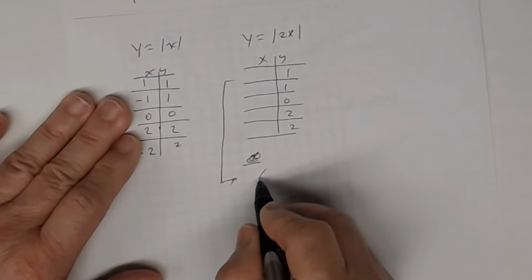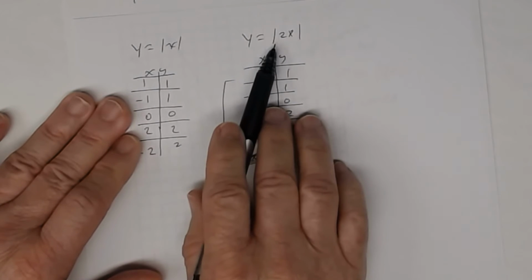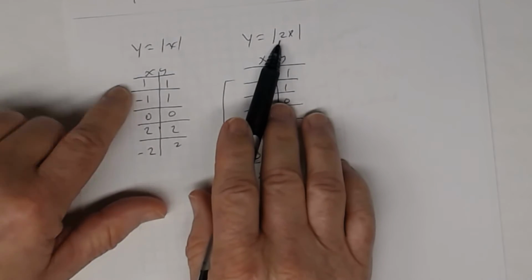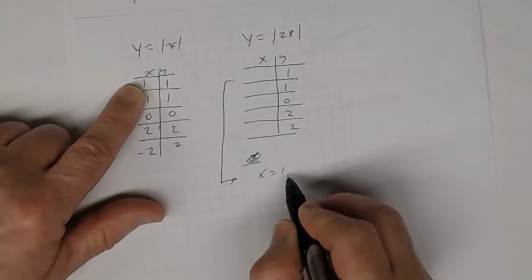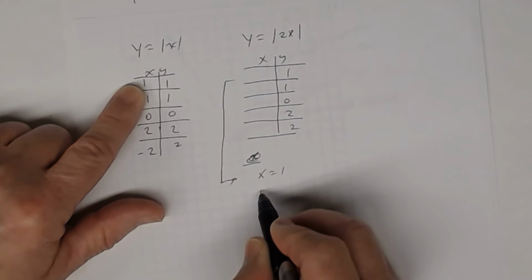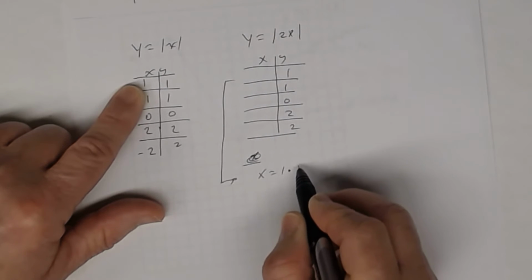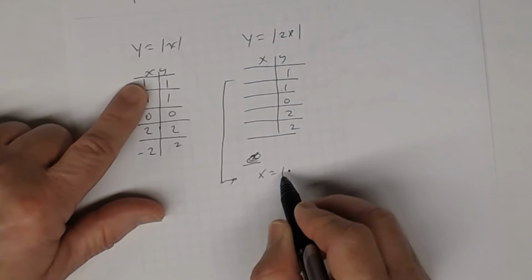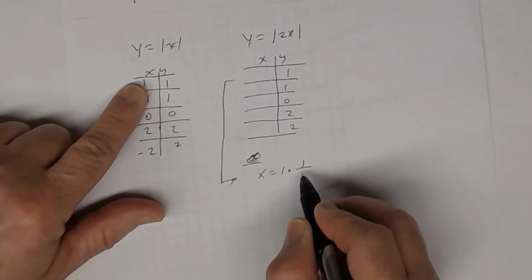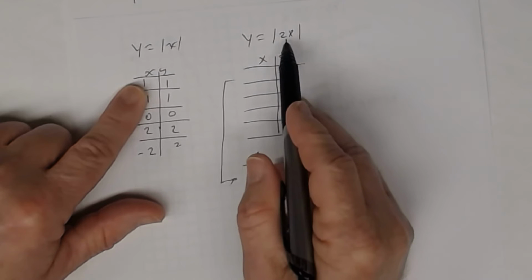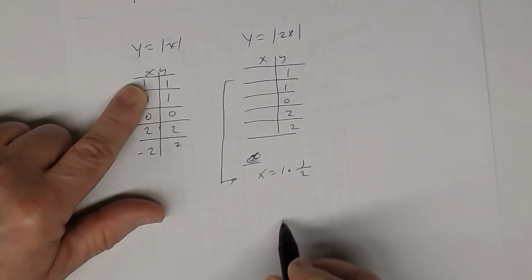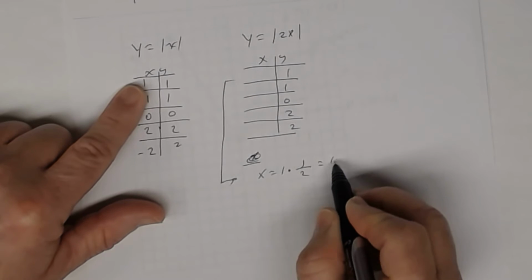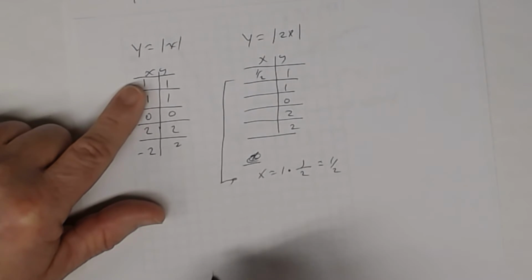So x is 1. I take the x coordinate and multiply by 1 over k, and k here is 2. All right. So 1 times a half is 1/2. So that's what we're going to put here.